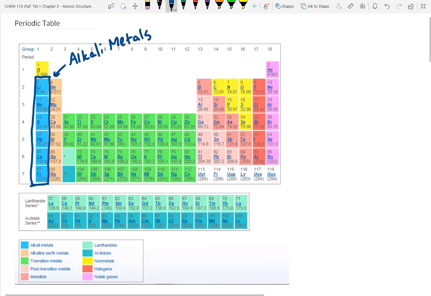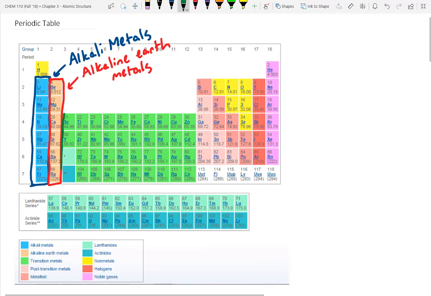These are always group 1 elements, right? So in that first column. And then in the next column, you've got these ones. These are the alkaline earth metals. They're also pretty reactive, but they're now in main group 2. They have 2 valence electrons when they're neutral.